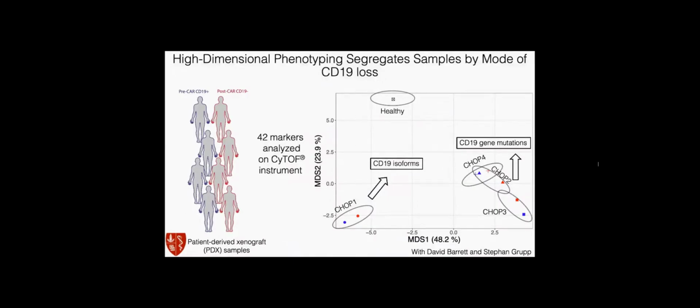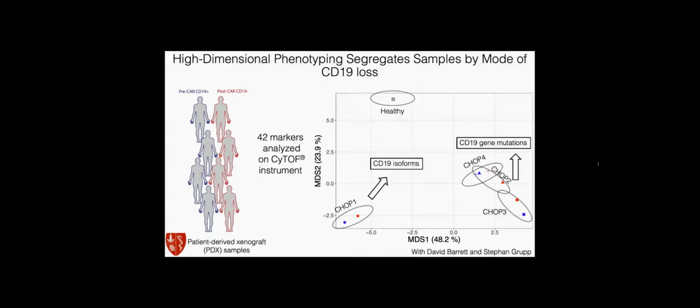Collaborating then with David Barrett and Steve Grupp at Children's Hospital of Philadelphia and University of Pennsylvania, we were able to take a look initially at 4 paired samples from patients who had gotten CD19 CAR for relapsed ALL. These were all expanded in a mouse, so they're actually all xenograft-derived samples.